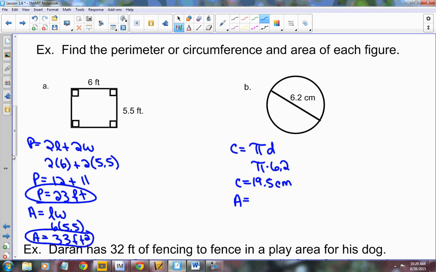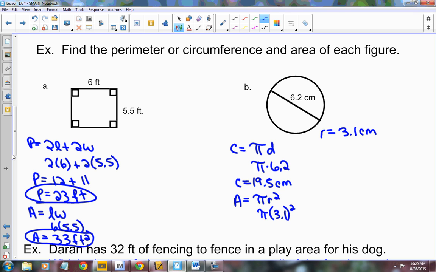Okay, area, pi r squared. Now, it gives me the diameter. What's my radius going to be? 3.1. It's half that, isn't it? So I'm going to do pi times 3.1 squared, and you can type that in your calculator. What do you get?